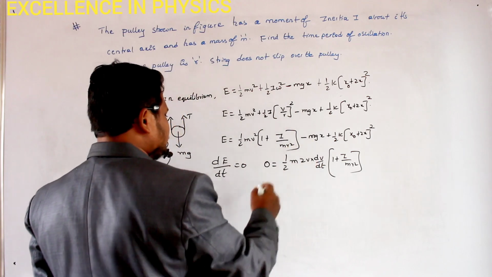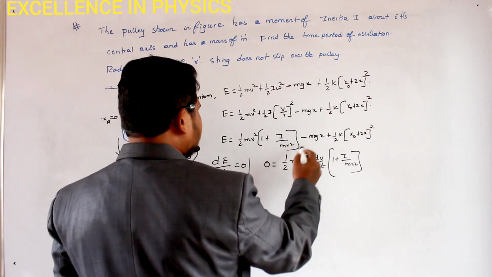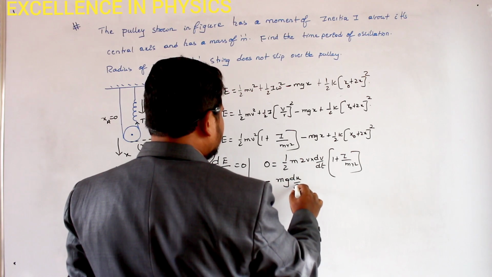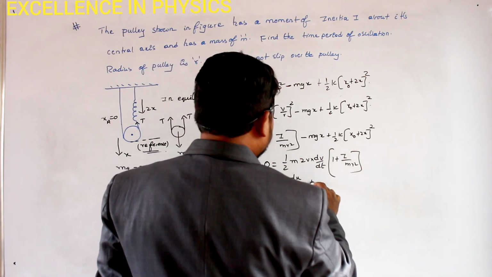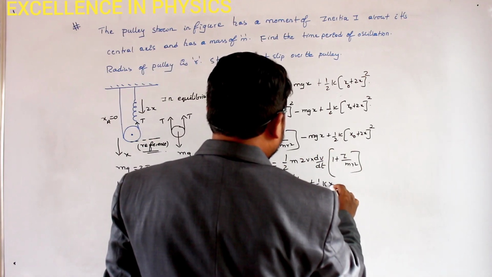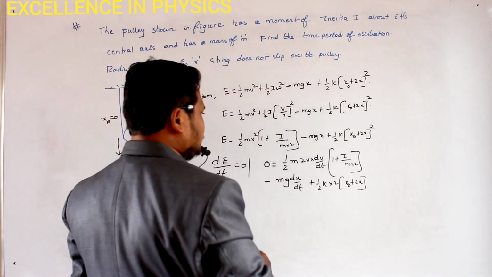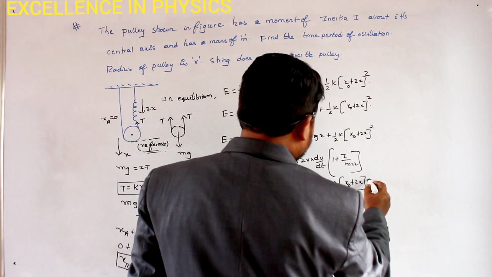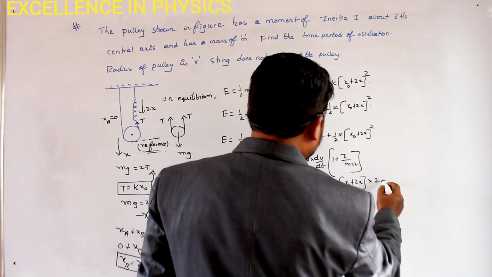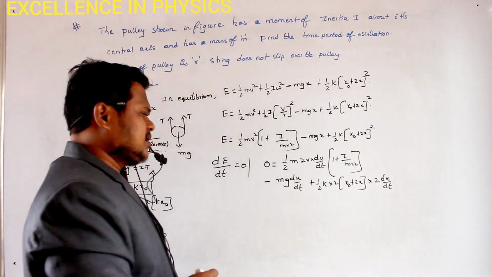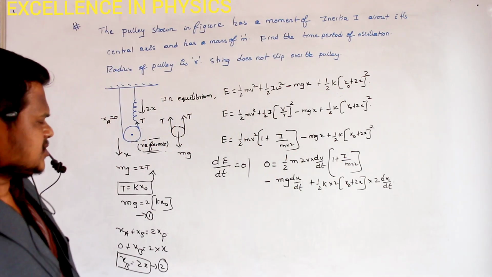So similarly, if I differentiate this one, mg is a constant, so minus mg into dx divided by dt. And here half k into 2 into (x naught plus 2x). Then 2x is not a constant, so if I differentiate this one, I will get 2 dx divided by dt. So these are the equations which we will get on differentiation.